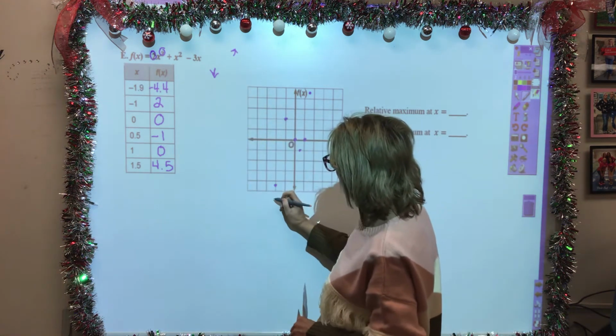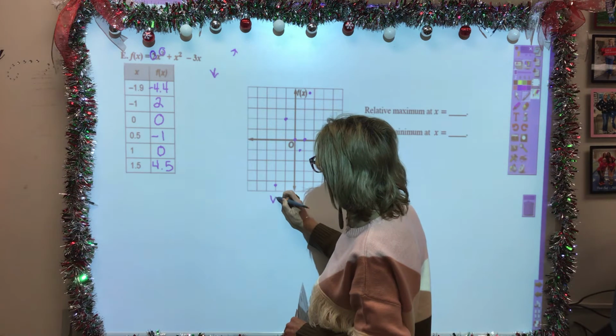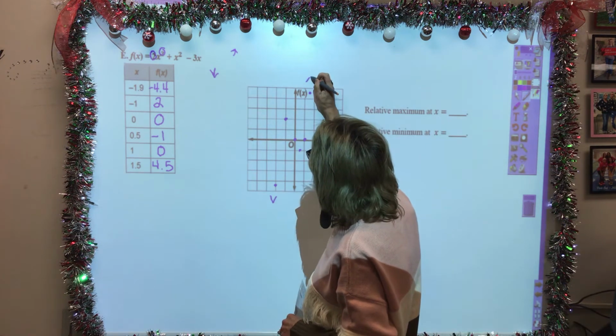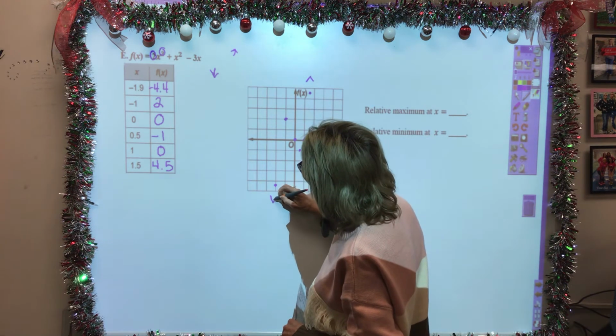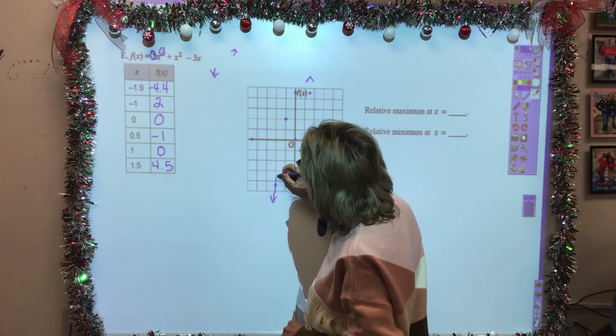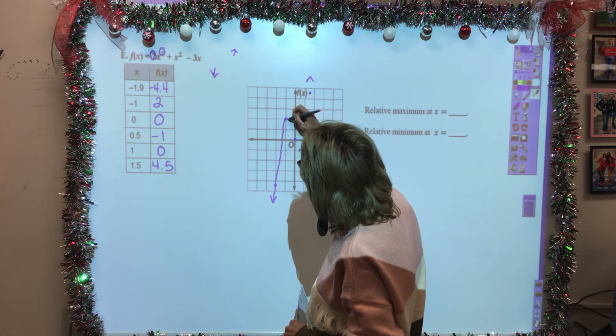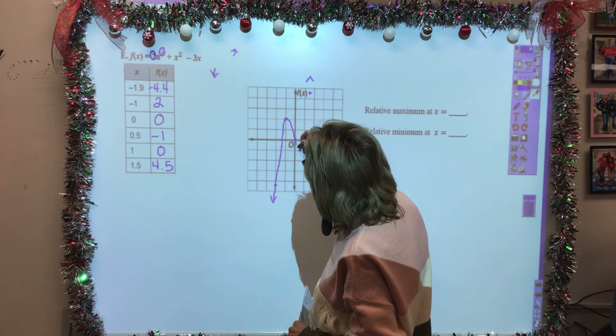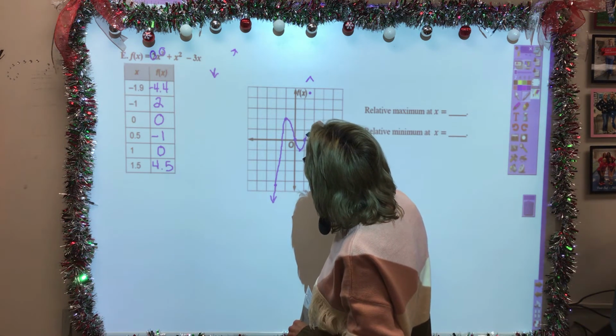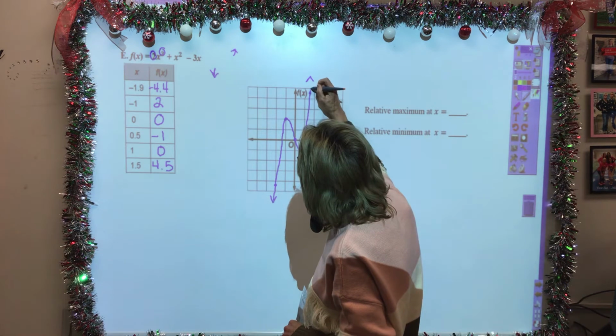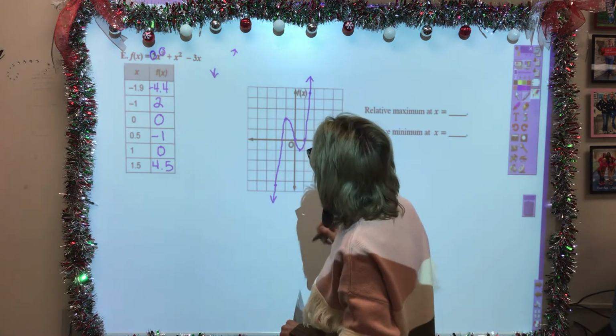So this end is going down, this end is going up. So we want to connect our points. So we see we turn around here, we dip back down, and then we shoot up like so.